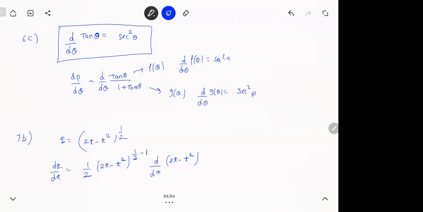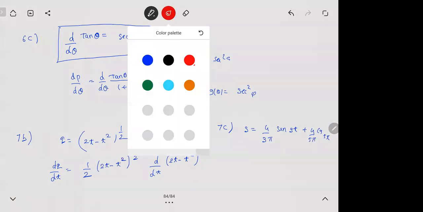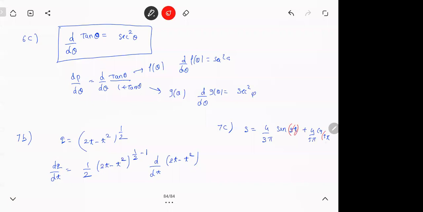Then 7c, look at this thing. S is 4 by 3 pi sine 3t plus 4 by 5 pi cos 5t. When you differentiate this, this is sine of something, this is cos of something.